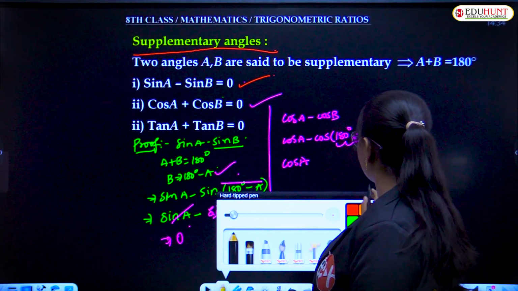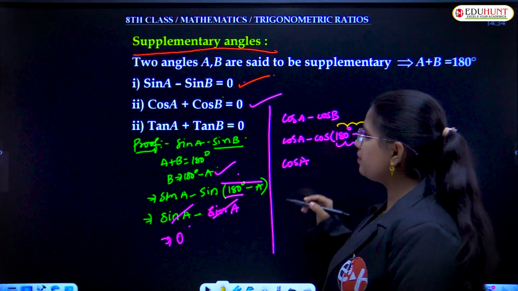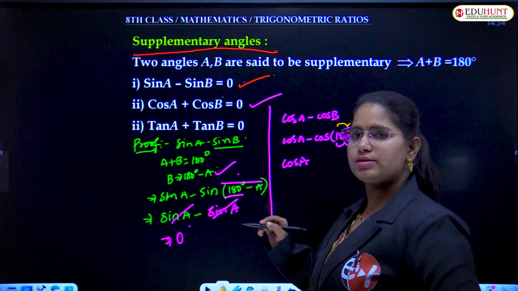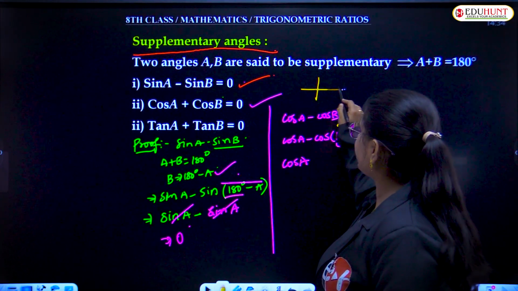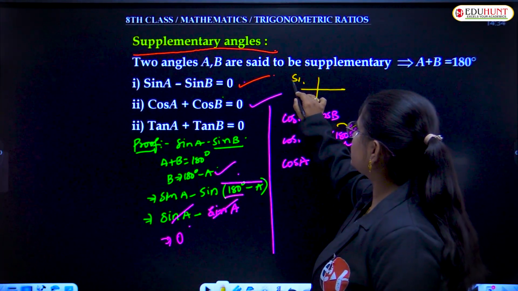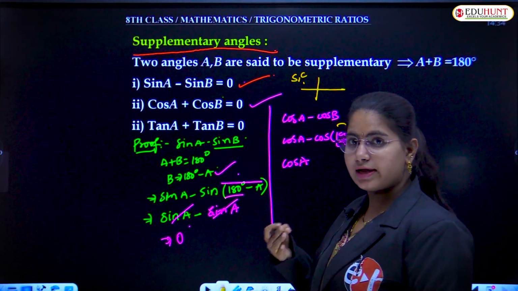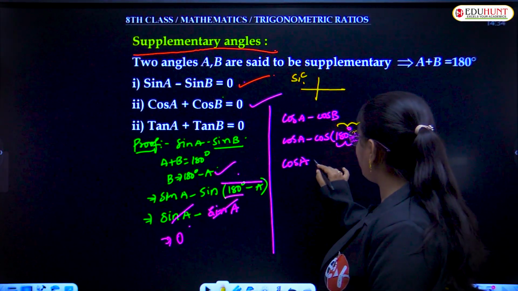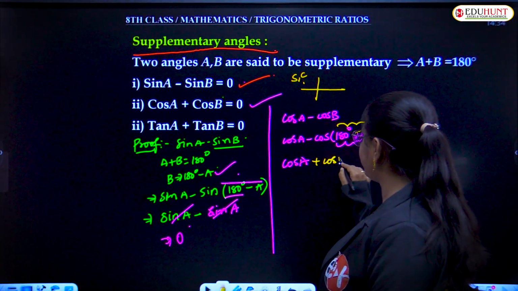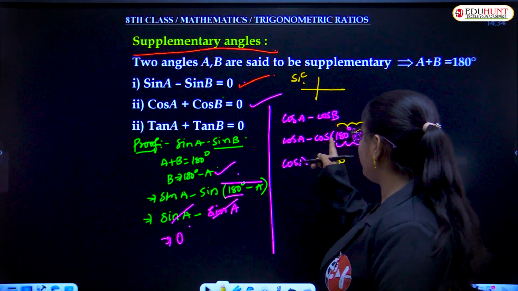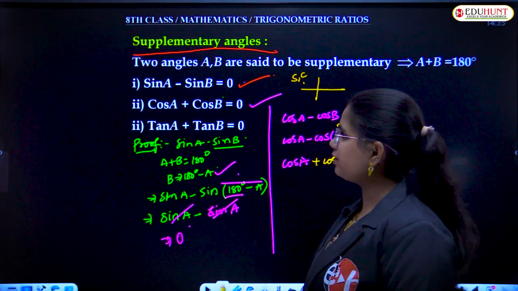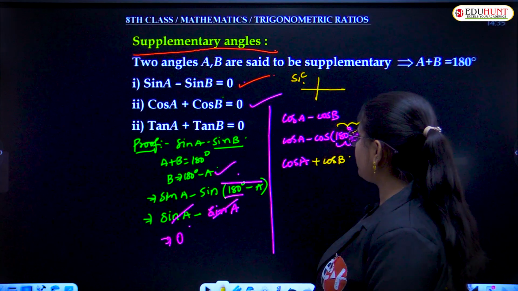It belongs to the second quadrant as usual. In the second quadrant, only sine and cosec are positive. Cos is negative. So negative of negative becomes positive.